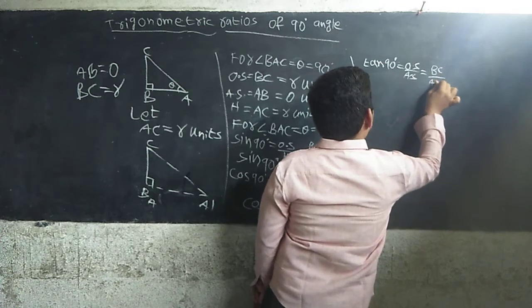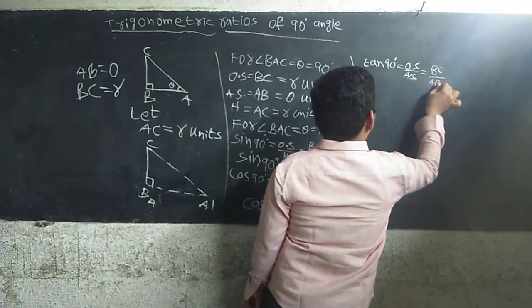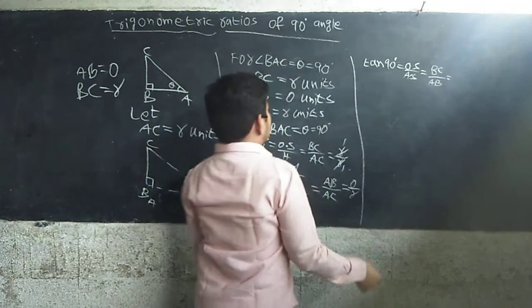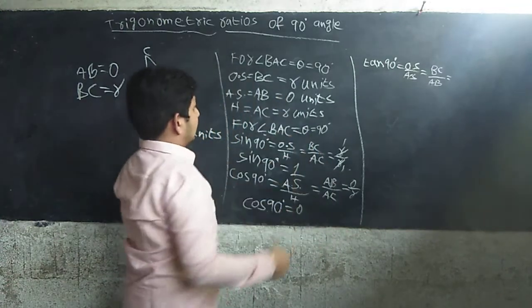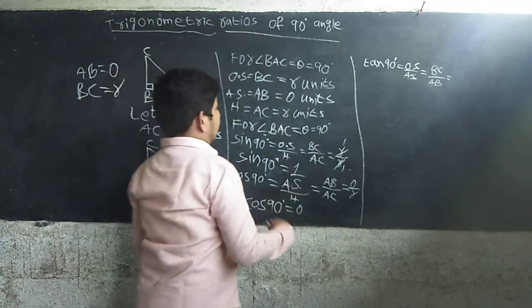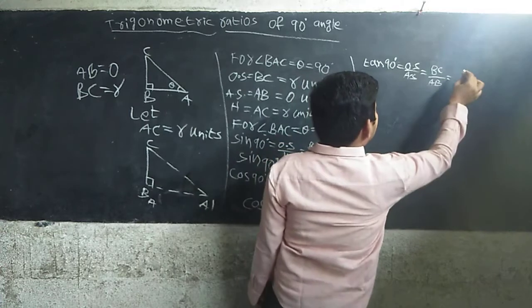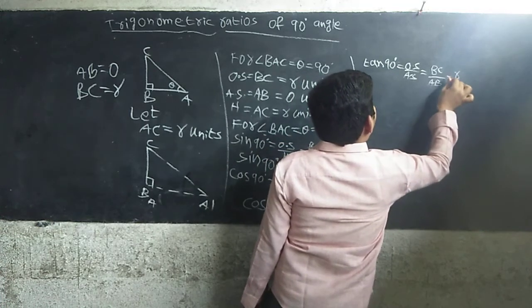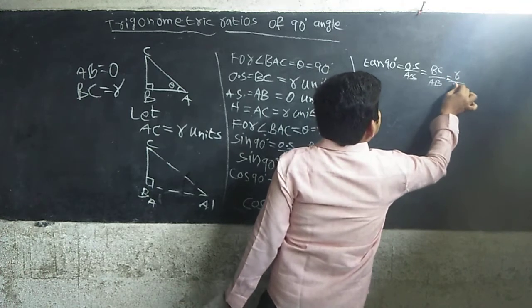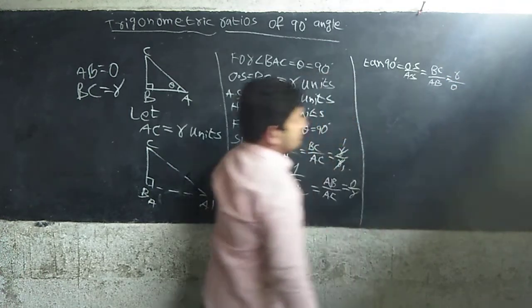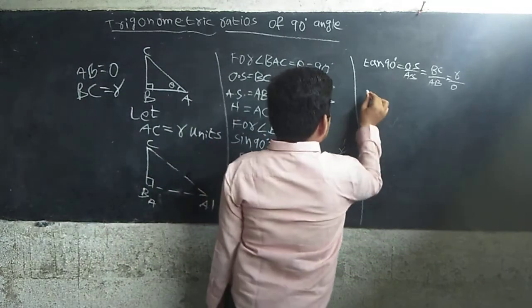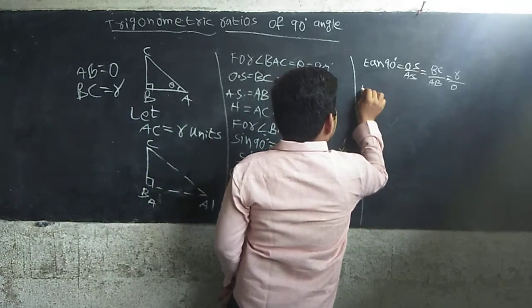BC equal to R, so R by 0. Something by 0 is what? Infinity. So tan 90 degrees equal to infinity.